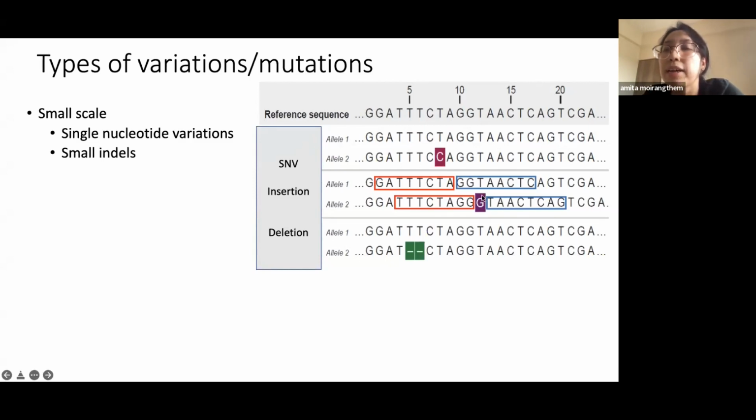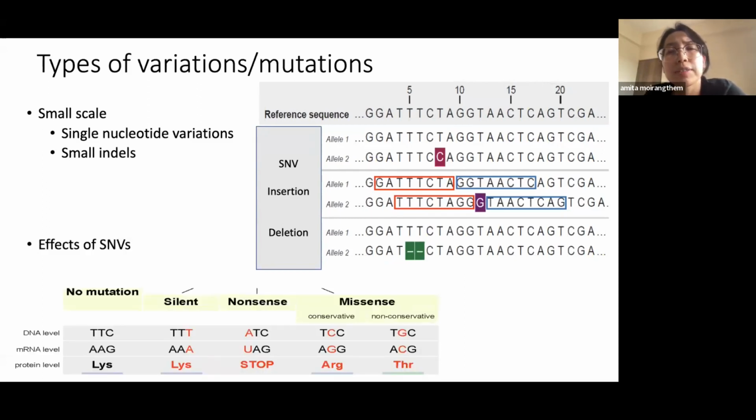Then similarly here, there is an insertion of G and deletion of TT. So these are examples of point mutations, or what is known as single nucleotide variations, and small insertions and deletions.